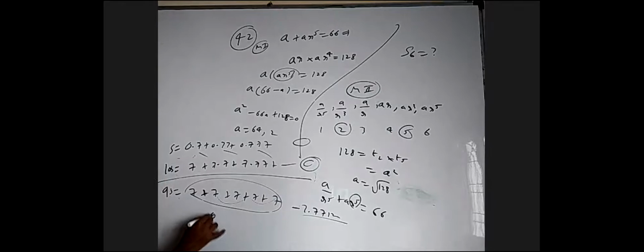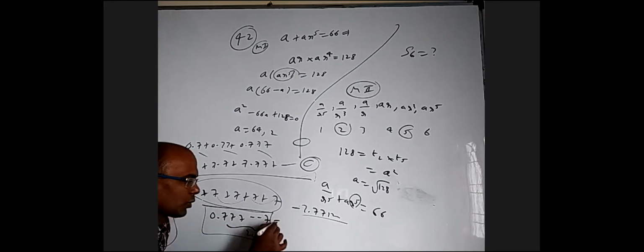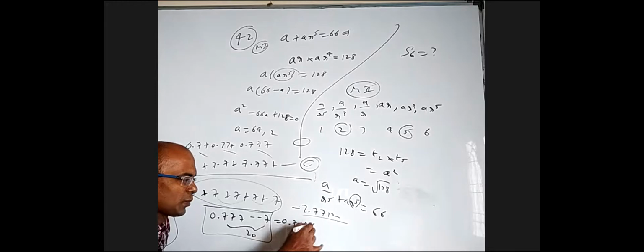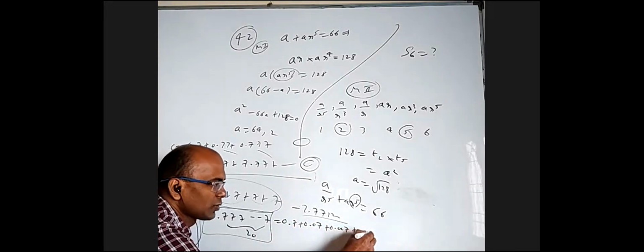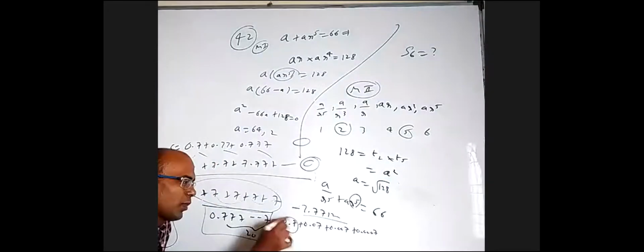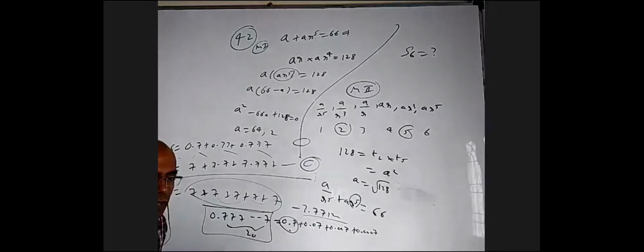For example, if somebody asks you 0.777 and so on up to 7, 20 times, this itself is a GP, by the way. How? You can write this as 0.7 plus 0.07 plus 0.007 and so on, like that 20 times. What is the first term? 0.7. What is the common ratio? 1 by 10. You can find the sum of 20 terms of such type. You will get some answer.